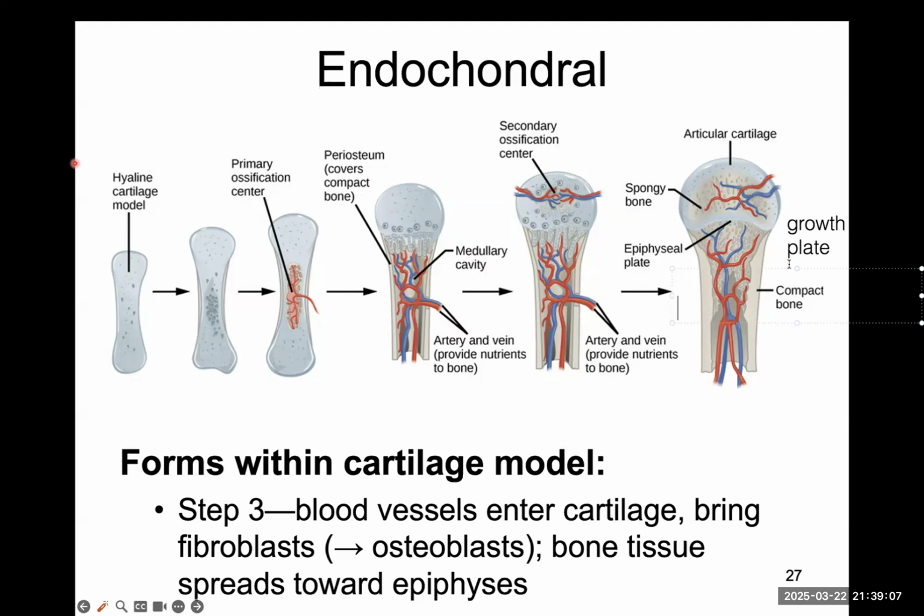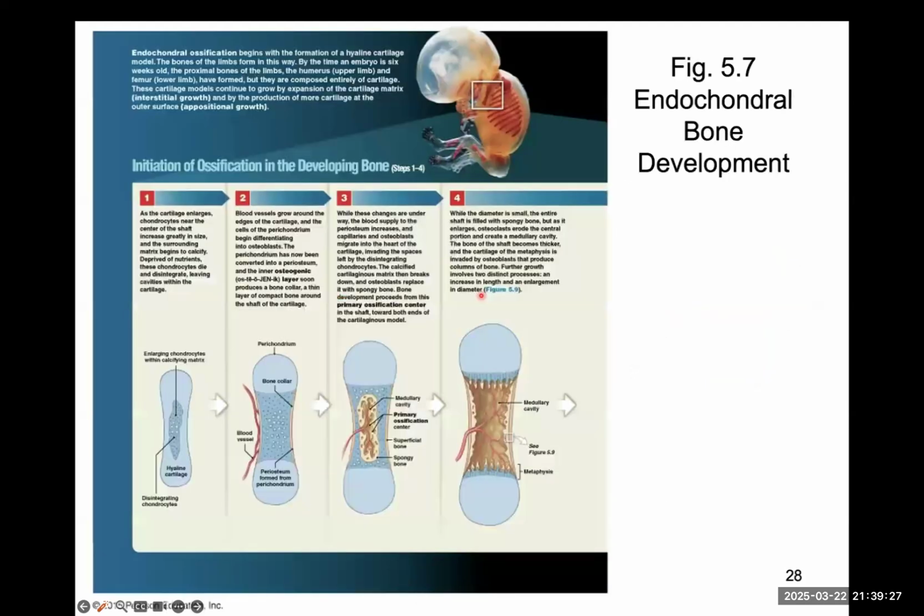But it depends how thick this growth plate is, depending on if you're looking at bones of a child or an adult. Adolescents that are still growing are going to have a big growth plate, a wide, thick band of cartilage, because they're still growing.